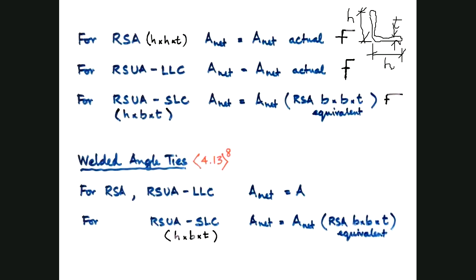If you have a rolled section with an unequal angle, if we have something like this. Sorry. An unequal angle, so we have a height, H, and we have a width, so they're different, the height is greater than the width.